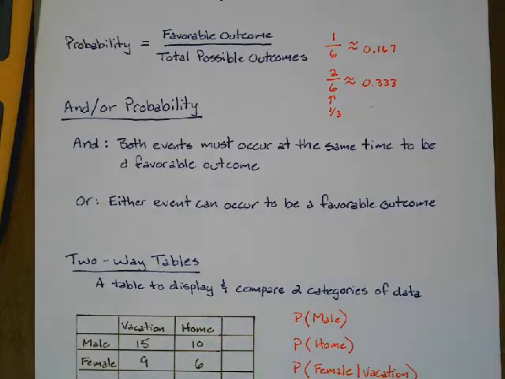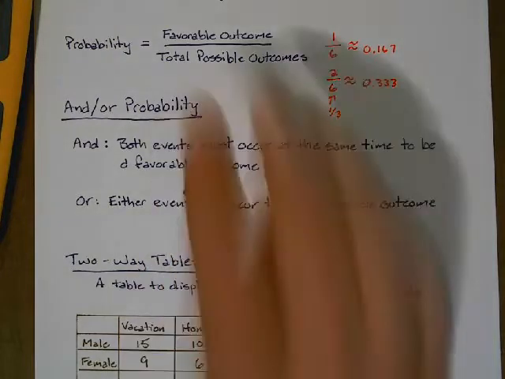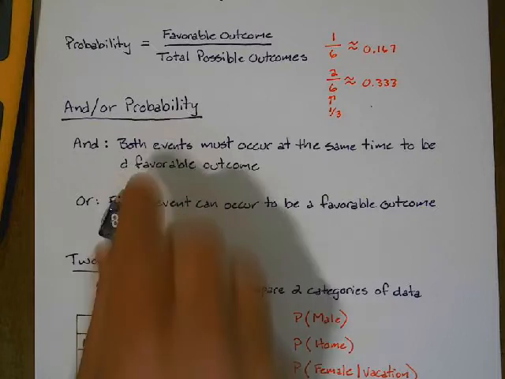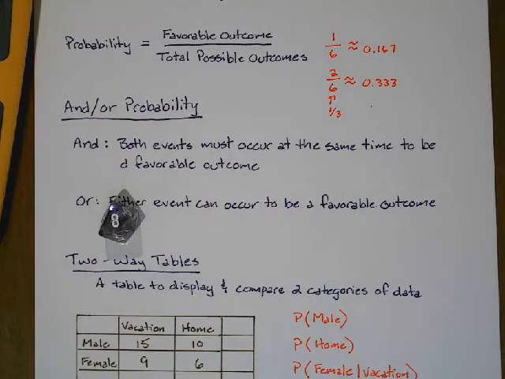All right, so we're going to start looking at and or probabilities. If I have an and probability, both events must occur at the same time to be a favorable outcome. All right, so I've got an 8-sided die here. So there's 8 sides on this one. And let's say that I wanted the probability of rolling an even number.